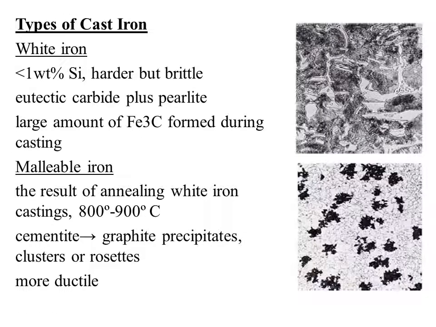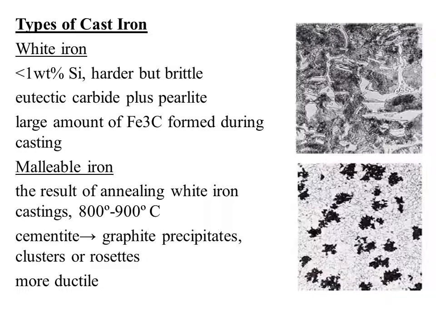The next casting types are white iron and malleable iron. White iron has less than 1% silicon, and is a harder surface iron. A large number of carbides are formed during casting, and they form iron carbide. Malleable iron is the result of annealing white iron at 800 to 900 degrees.